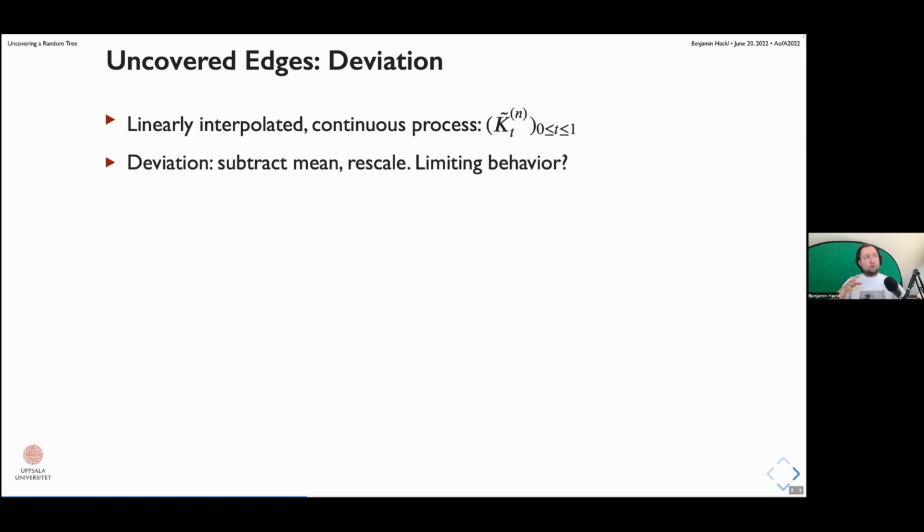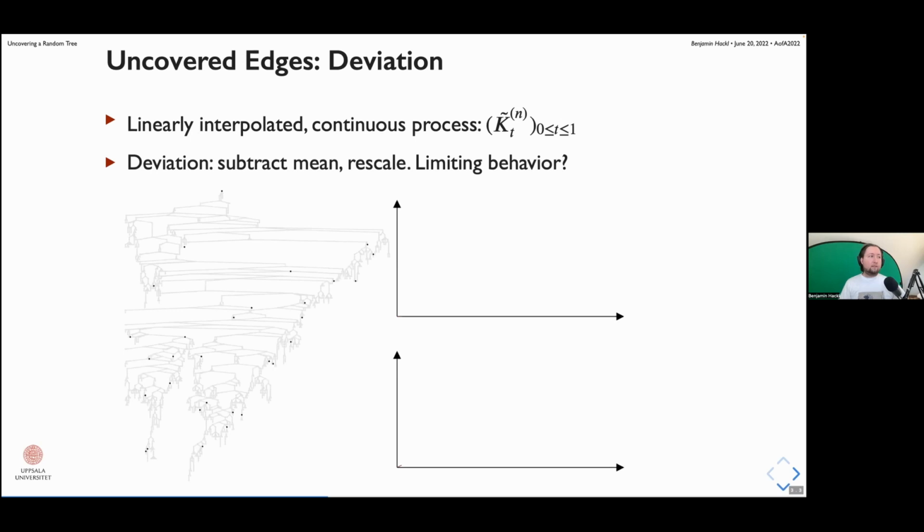So the role of t here is now j over n in a sense. And what we want to look at is the deviation. What happens if we look at this process, subtract the mean, and then how does the deviation from the mean look?